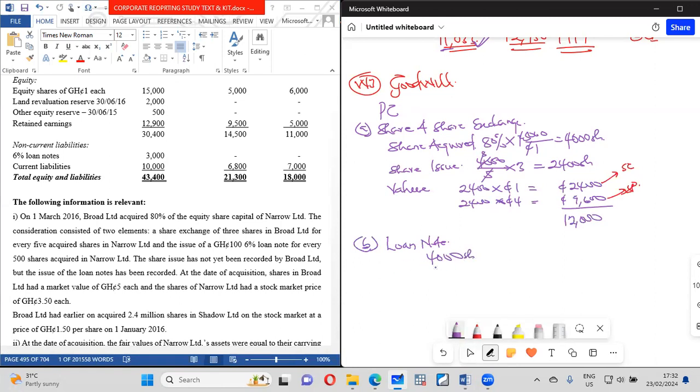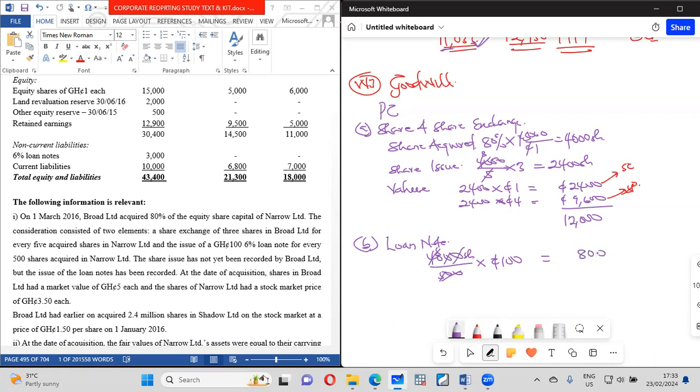And for every 500 out of this, as per what the question is telling us, they were going to give out 100 cedis notes. So this is the double entry: the credits are these, and the debit is the purchase consideration. How much will we have? This cancels it, so 8. So we have 800.